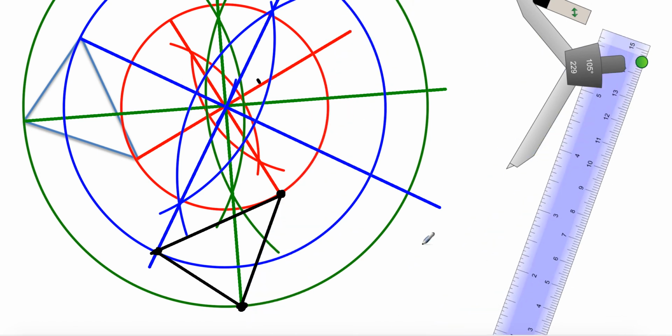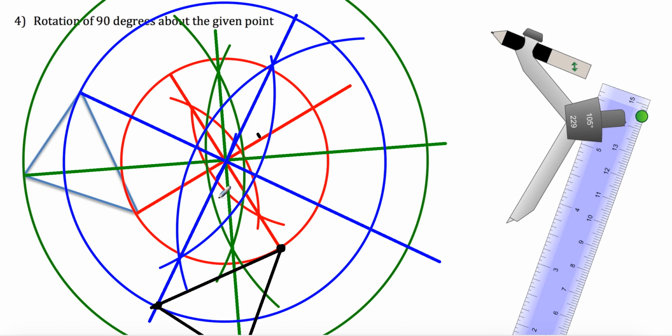All right, so from here we get to realize that from the original blue triangle, we made it into black by rotating it by a 90-degree angle. So here it goes.